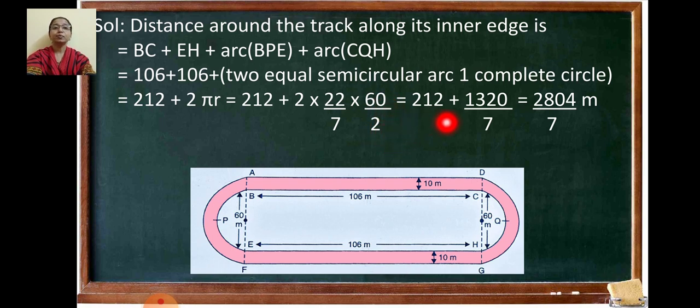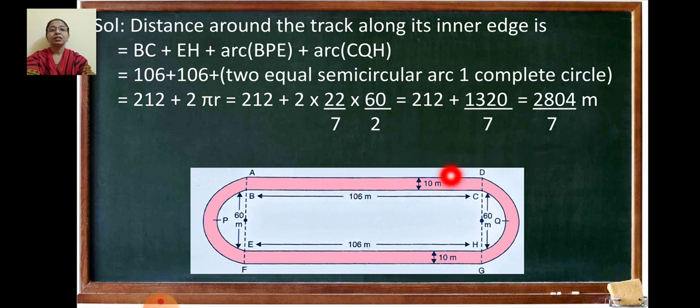Cancel out the terms, simplify. 212 plus 1320 divided by 7. Take the LCM. LCM is 7. Cross multiply and add. So you will get the length of the inner edge is 2804 divided by 7 meters. Right. So in this way we have got the answer for the first question.